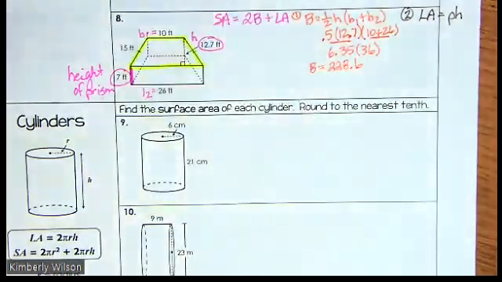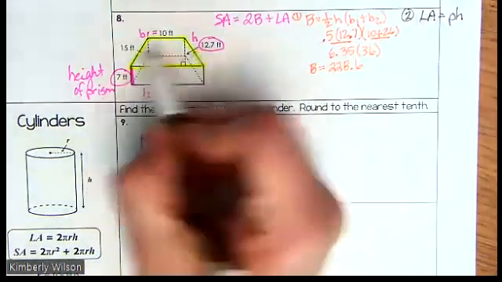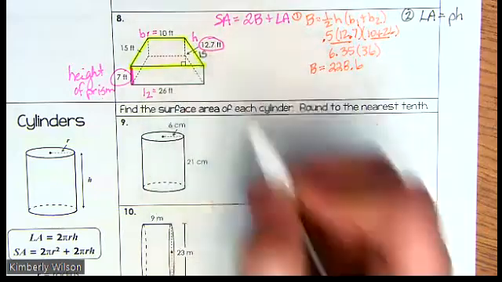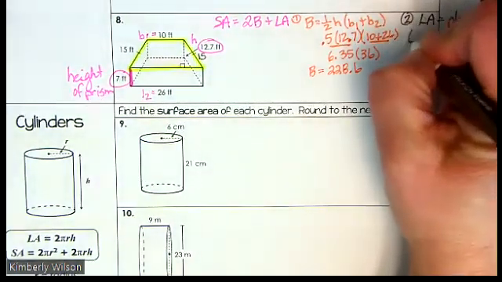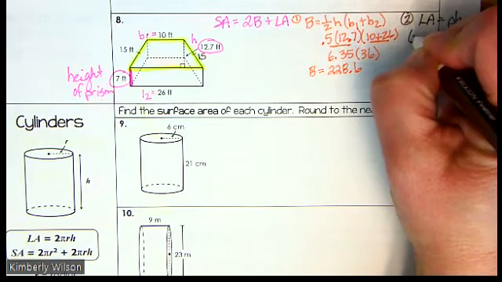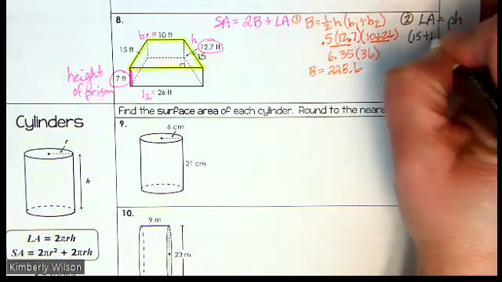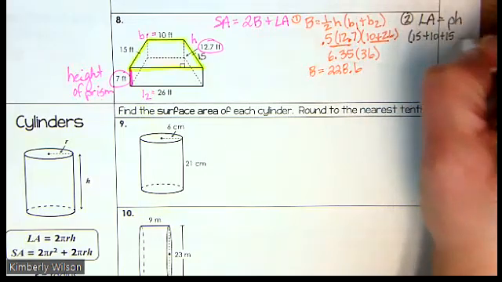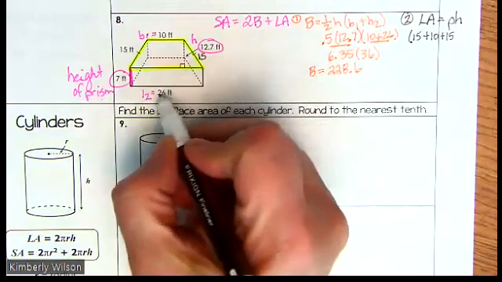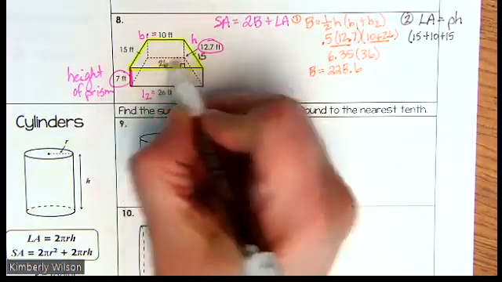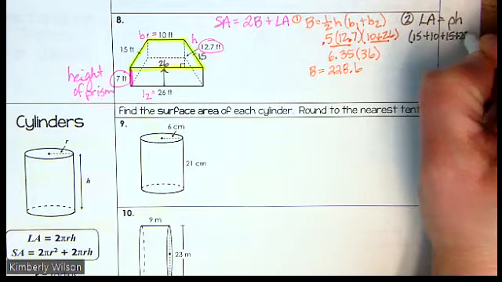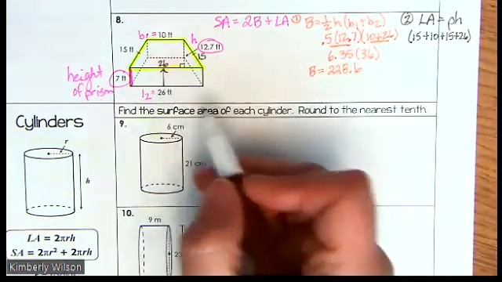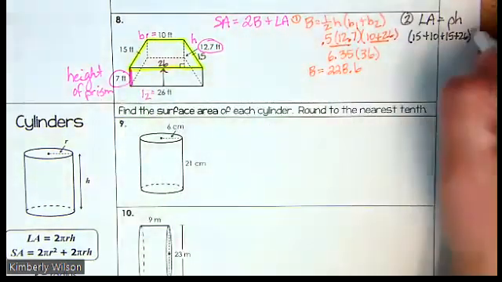Remember that these two tick marks mean they're the same, so therefore this side right here is 15. So I'm going to have 15 plus 10 plus 15 plus, oh, wait a minute, the 26. This is 26 up here because it's the same measure. Plus 26 times, what's the height of the prism?